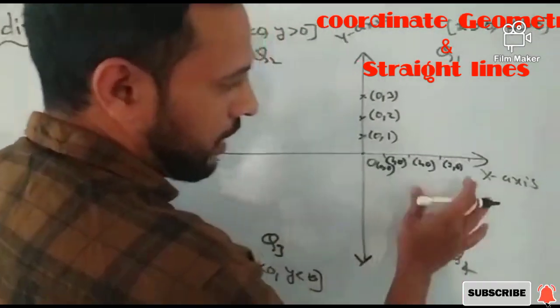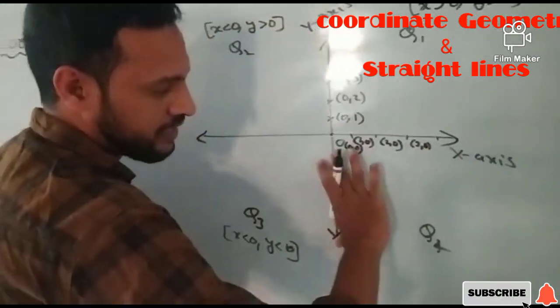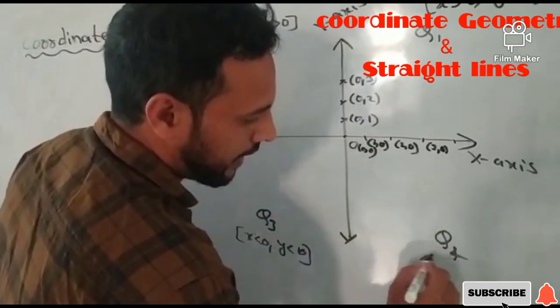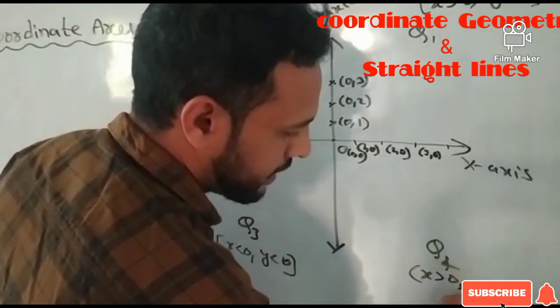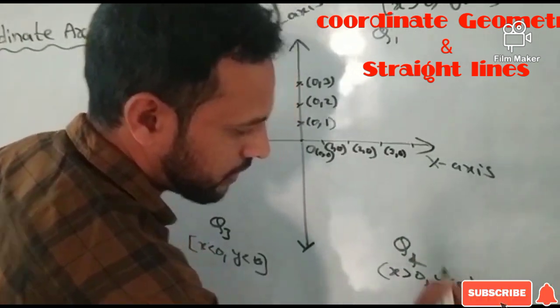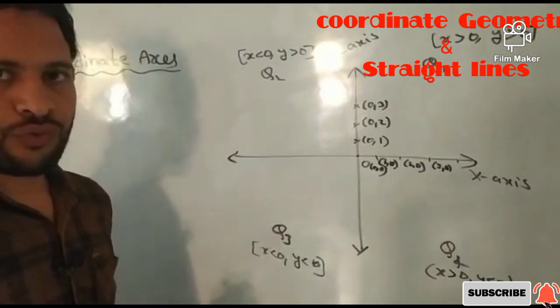The final one, Q4, here is the positive x-axis, this is the negative y-axis, therefore you can take x greater than 0 and y less than 0. These are the properties of the 4 quadrants, that is Q1, Q2, Q3, Q4.